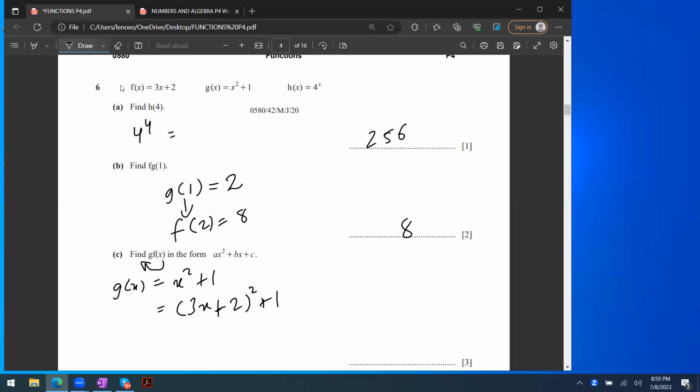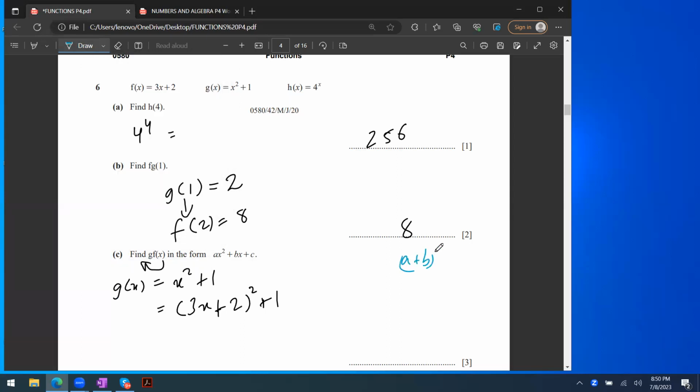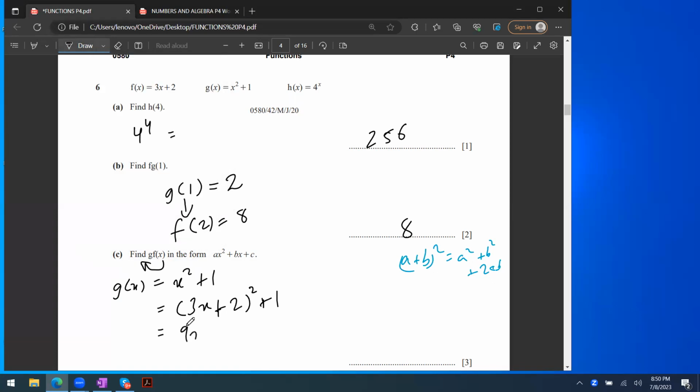I hope you guys remember the identity. a plus b whole squared is equal to a squared plus b squared plus 2ab. So using that, 9x squared plus 4 plus 2 twos are 4, 4 threes are 12x plus 1. 9x squared plus 12x plus 5.